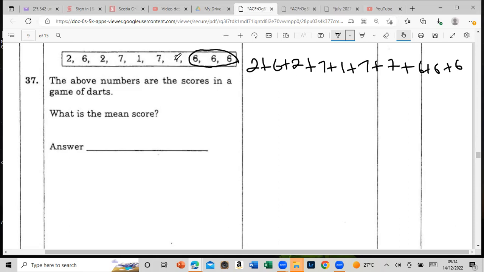So 18 plus 7, 25, 32, 33, 39, 41, 47, 49. I get 49. You guys add it up until we get 10 numbers. So the mean would be 4.9.